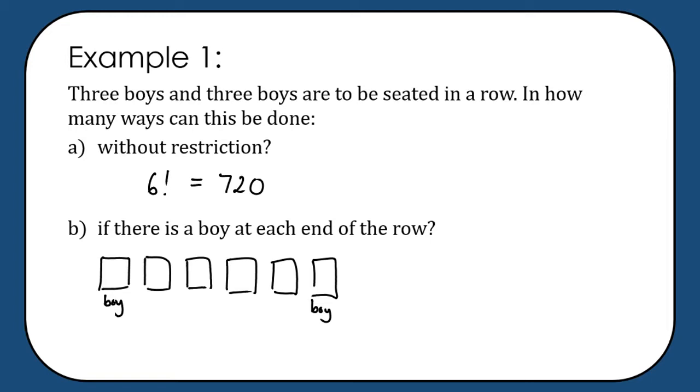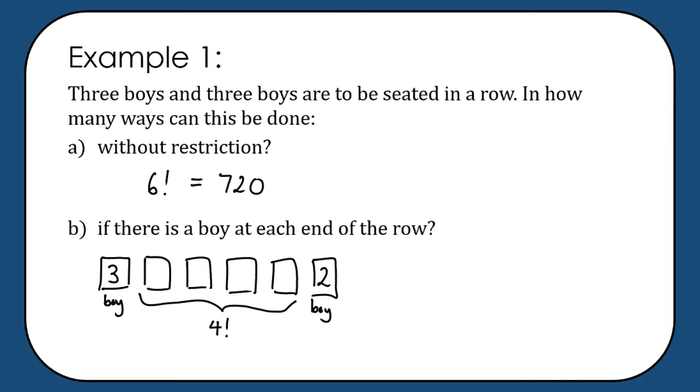So we need to put a boy in the first position, and there are 3 boys to choose from, so there are 3 different options that could go here. Then once we've put a boy in the first position, we also need another boy in the last position, so there's 2 remaining boys to choose from to go here. Now there's no restriction on how these 4 people in the middle here are going to be seated, and so there's simply going to be 4 factorial ways that we can arrange them.